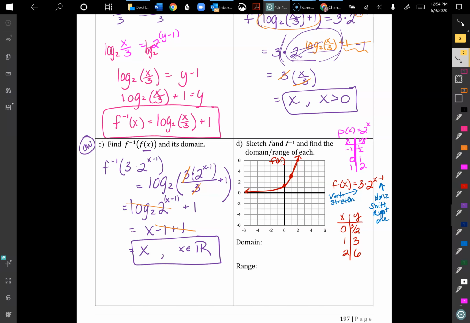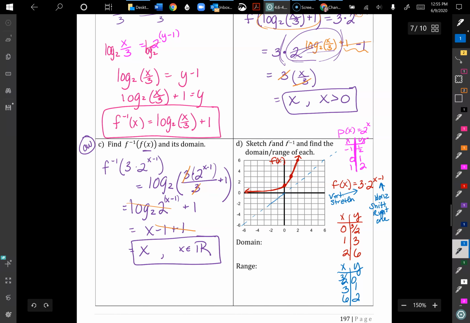Then I know that my inverse has to reflect on y equals x. So I'm going to just sketch that in there. And also I am interchanging my x and y. So I could write that just easily right here. I could write it as 3 halves, 0, and then 3, 1, and 6, 2.